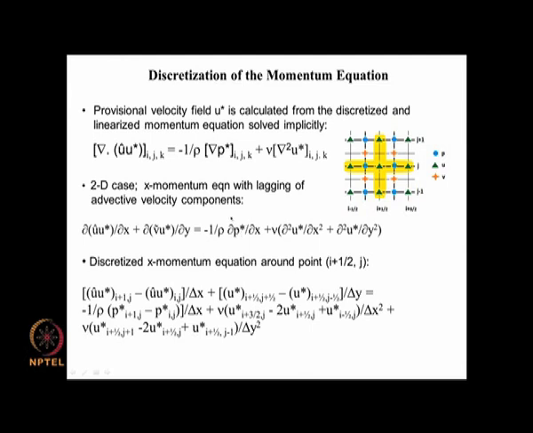Okay. So, we assume that we know the pressure field, and if the pressure field is known, then this equation can be used to get the velocity. In the case of the x momentum equation, if the pressure field is known so that we can evaluate this dou p star by dou x at any point, then we can discretize the rest of the equation so as to get u star.